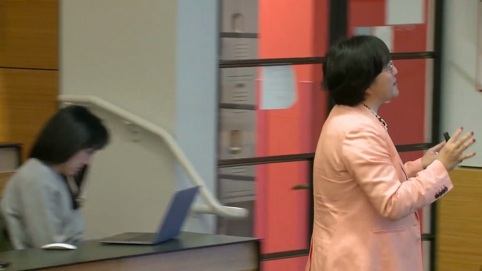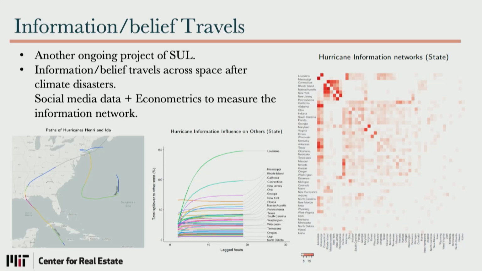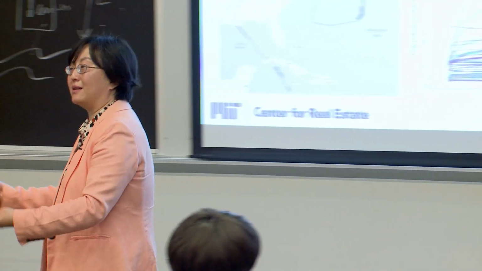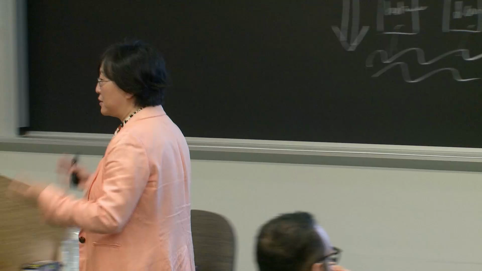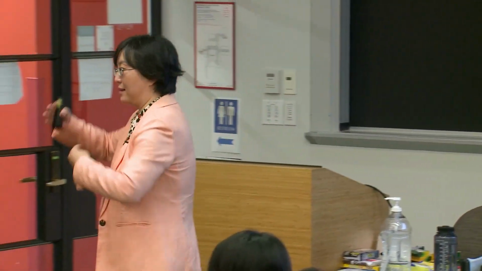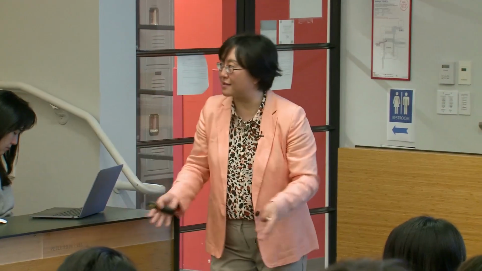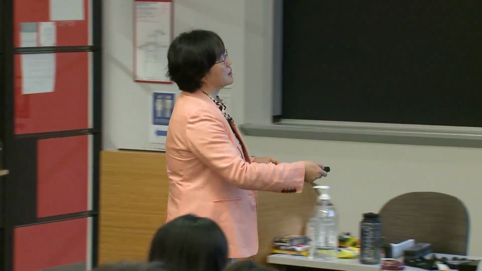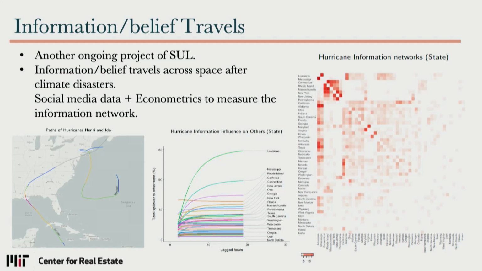Then we see, like, Hurricane Ida just hit Louisiana. And the Louisiana people suddenly got so unhappy because they lost homes. Then they chatted on Twitter, and this information spread out, not just that small space that got hit. Louisiana first, and then Mississippi, and Rhode Island, and California, like that.